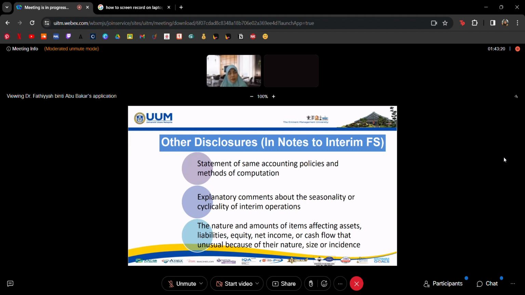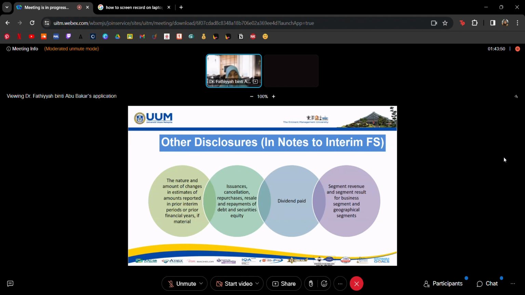All right, this one is in the notes to the interim financial statements. You have to disclose the statement of accounting policies and methods for computation, any comments on the seasonality or cyclicality of interim operations, the nature of items that affect assets, liabilities, equities, and so on. So this one also you have to disclose in the notes to the accounts. The nature and the amount of changes in estimates reported in the interim period or in the prior interim period.